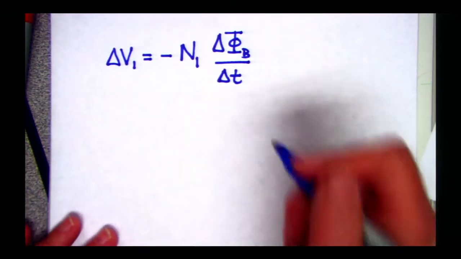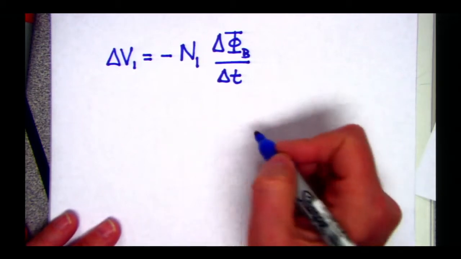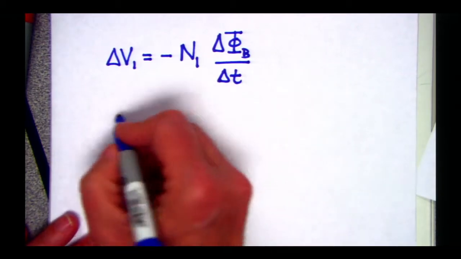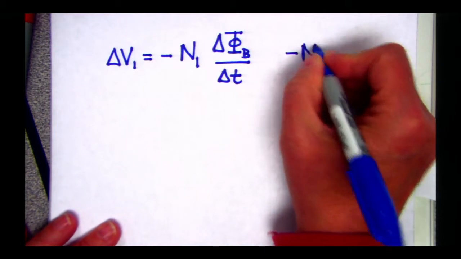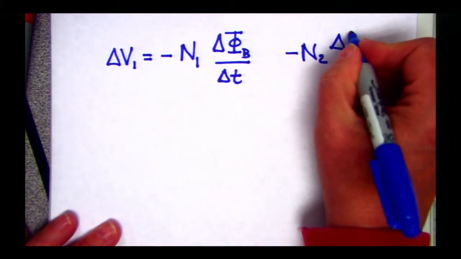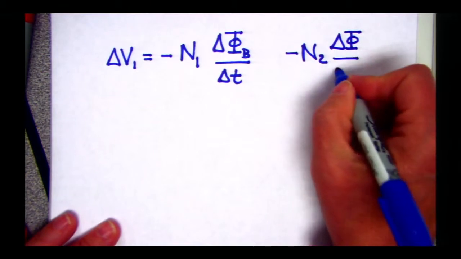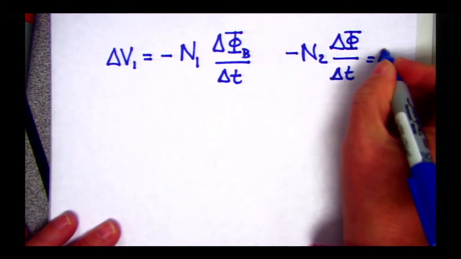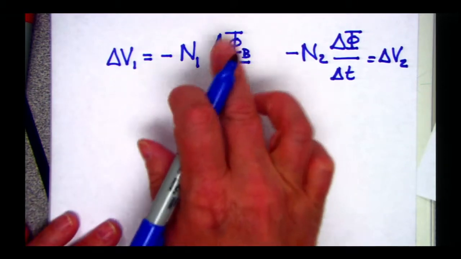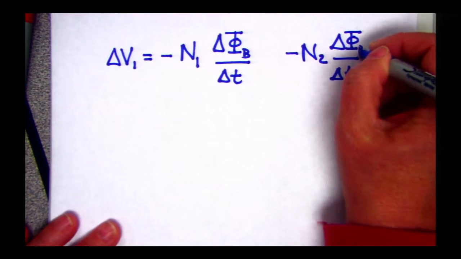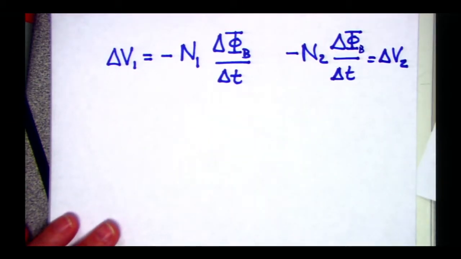But if I'm connected to the same piece of wire, or same piece of iron, this is the other side. Well, my change in magnetic flux is the same for both of these.